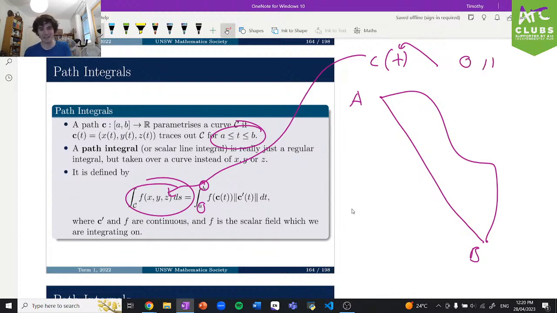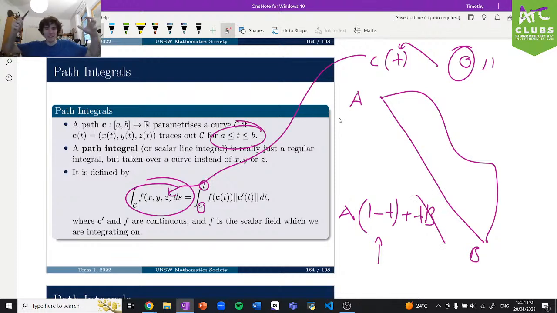The reason for that is a really easy parametrization going from a to b is just (1 minus t) times a plus t times b, because when t is equal to 0, then b disappears and we're just left with exactly a. Then as t goes from 0 to 1, we smoothly move down this line, and when t is equal to 1, all we're left with is b, and we don't have any more a, which is very cool.